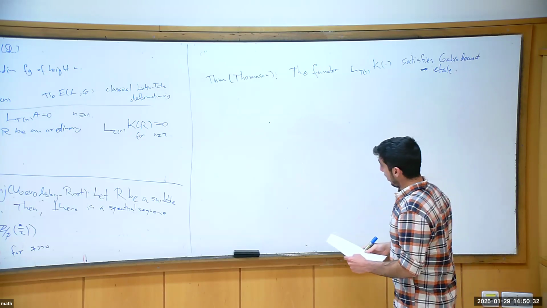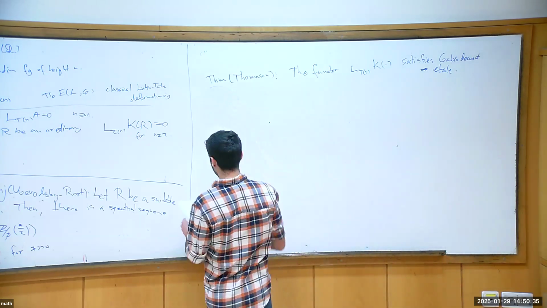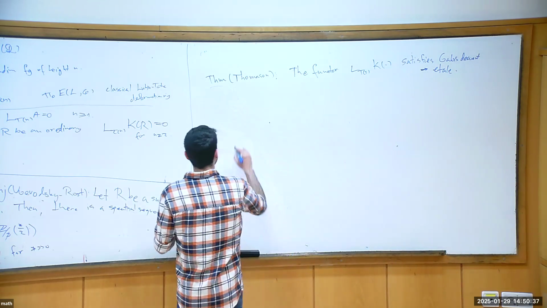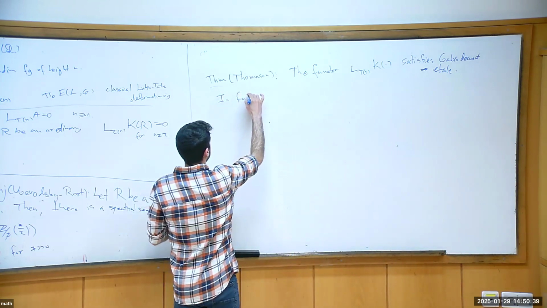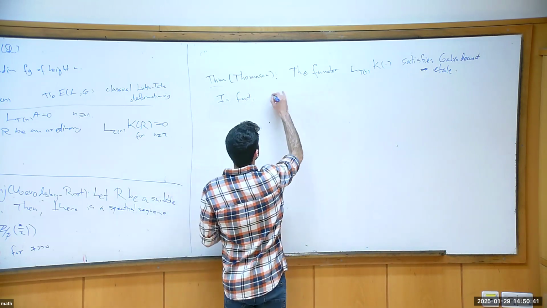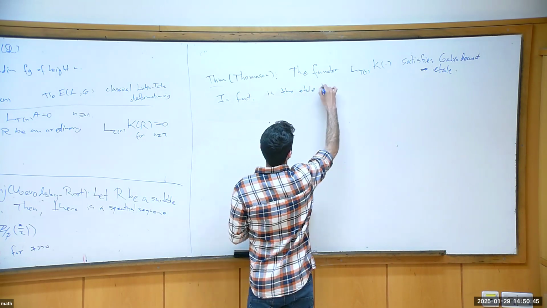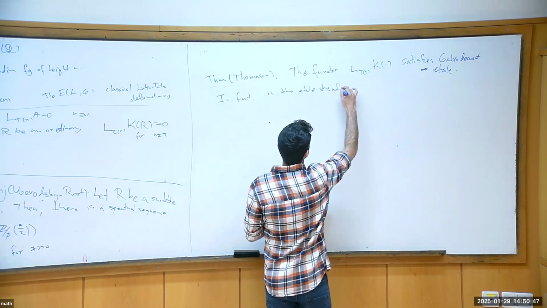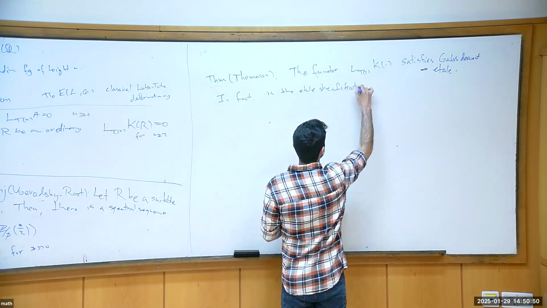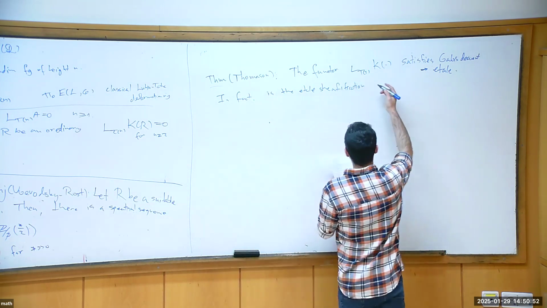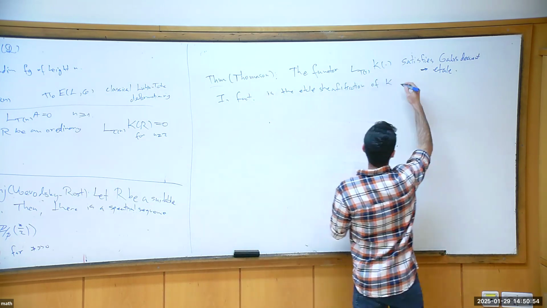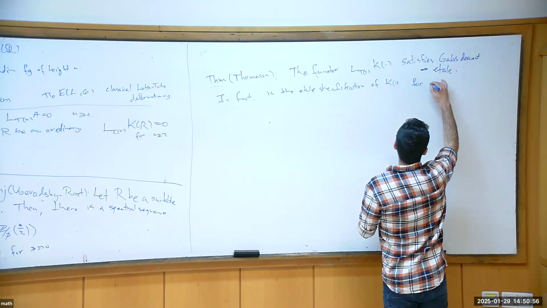And in fact, he proved more than this. So this is the étale sheafification. So it's not only an étale sheaf, but it is the étale sheafification of K for p invertible rings.